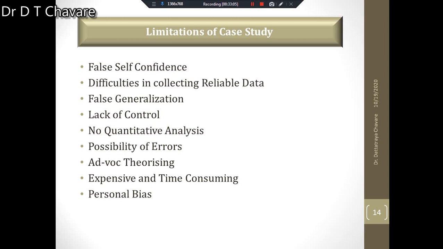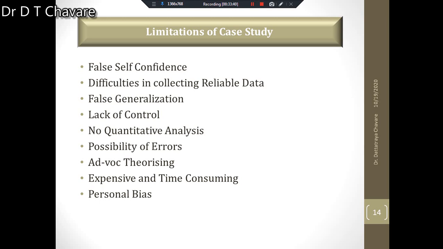In case study, there are a number of points where errors may creep in, such as selection of representative cases, proper observation, personal bias, suppression of unpleasant facts, tendency to exaggerate, failure of memory, and improper reporting. All these errors lead to misleading conclusions. This limitation we also have to consider about the case study.